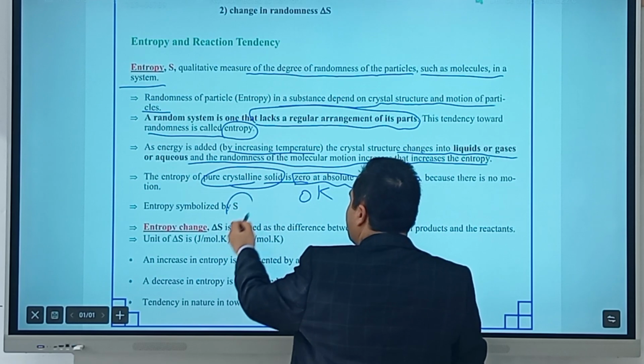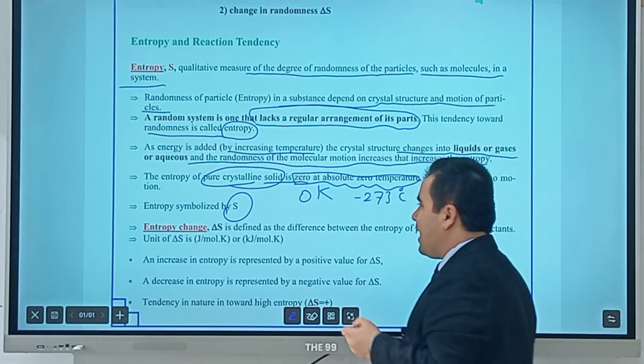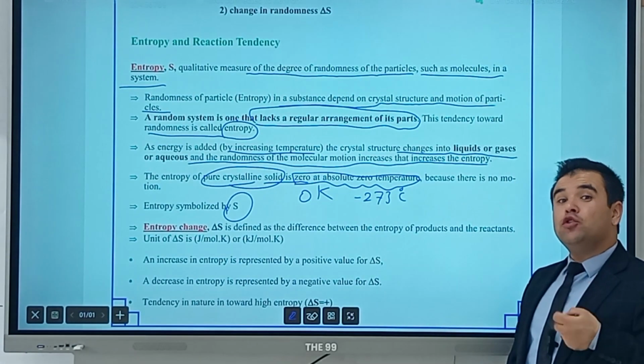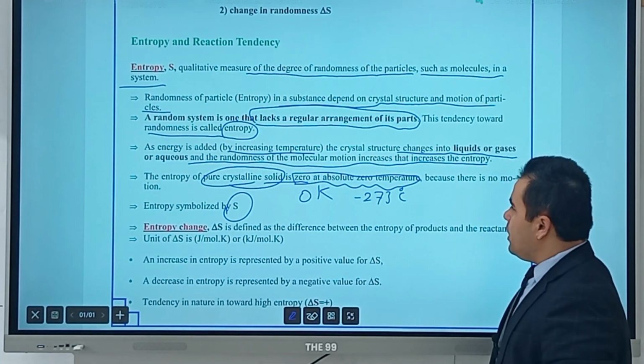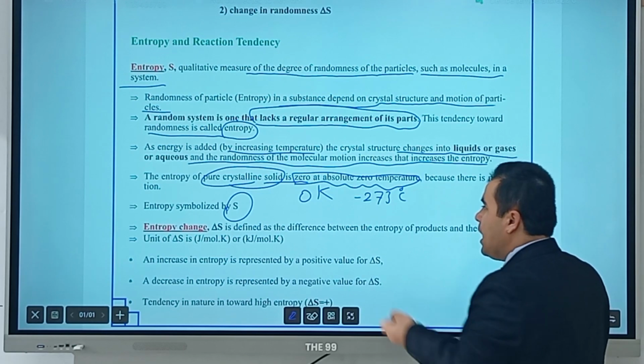Entropy is symbolized by S, guys, as enthalpy is symbolized by H. And as we measure the enthalpy change, we can measure the entropy change. But we do not have calculations in our book to measure the entropy as for the enthalpy.